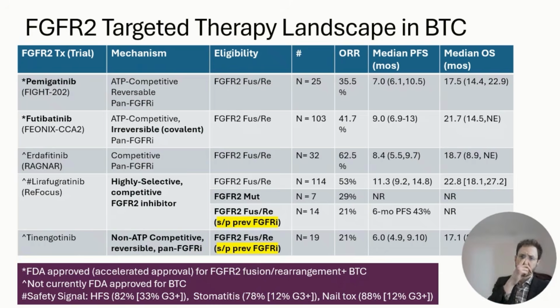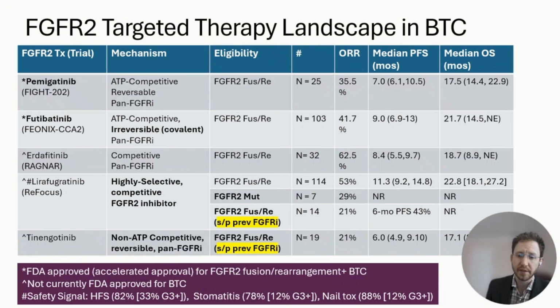So to just go into a little bit more detail specifically for FGFR2 fusion rearranged patients with biliary tract cancer, there's two currently FDA approved FGFR inhibitors, pemigatinib and futibatinib, with relatively similar clinical outcomes, about 40% objective responses, a little bit less with pemigatinib.